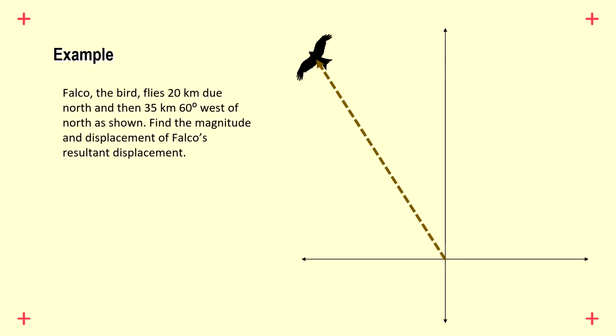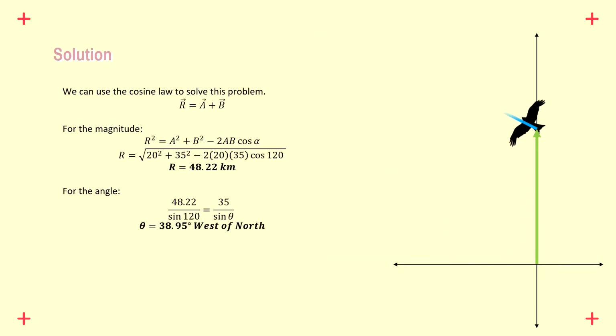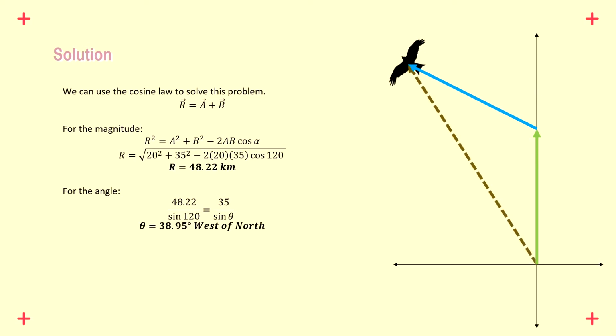So recreating the problem here and plotting the positions of Falco in the coordinate plane, we have 20 kilometers north going up the y-axis, then 35 kilometers 60 degrees west of north.